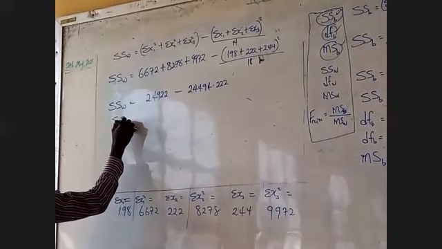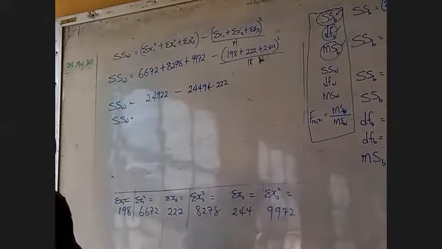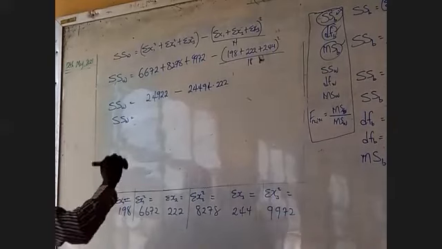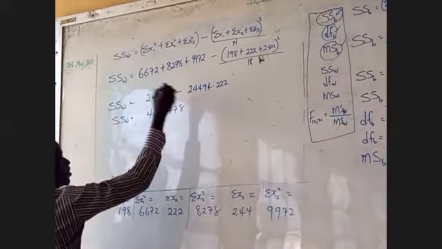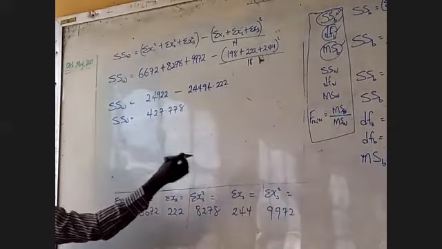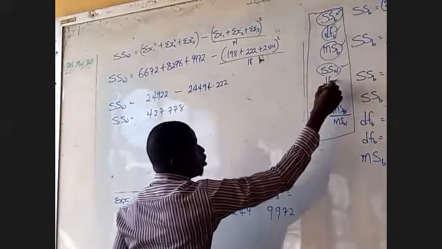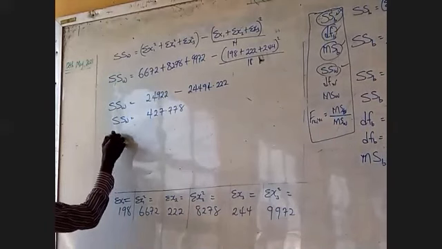So our sum of squares within the groups is 427.778, right? Also for this, you can see we've solved this, right? So we'll go to DFW now.